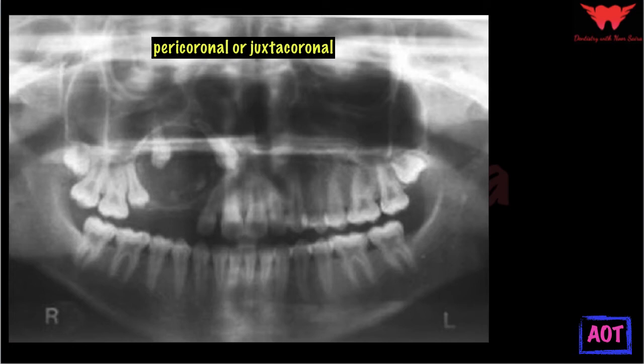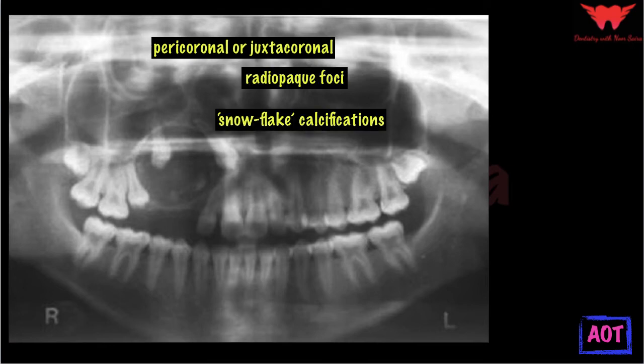That is, they basically involve the coronal aspect of the tooth, but they can extend to the periapical area also. Multiple small radiopaque foci of varying radiodensity may be present inside the lesion, and these radiopaque foci are called snowflake-like calcifications.